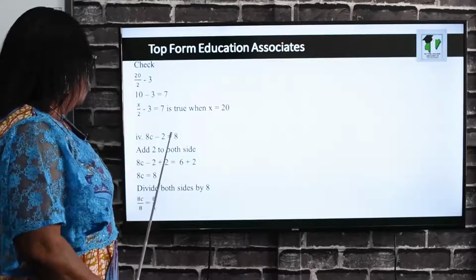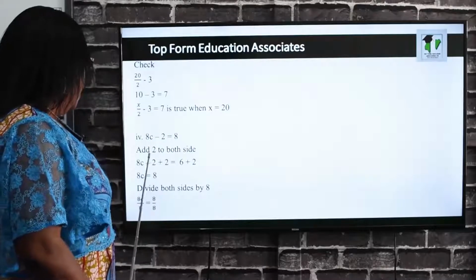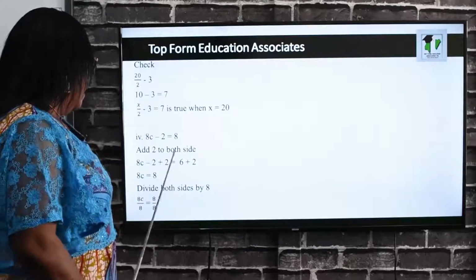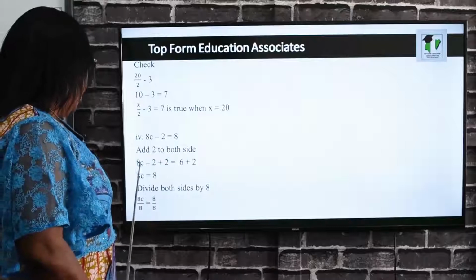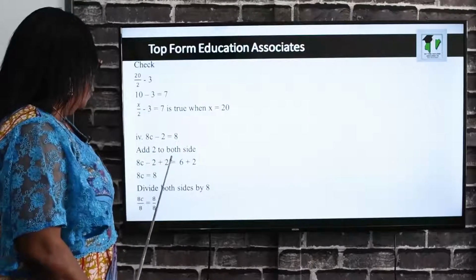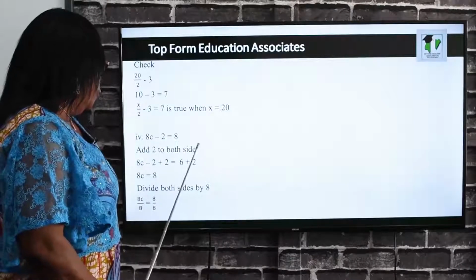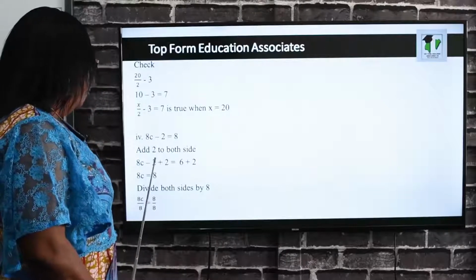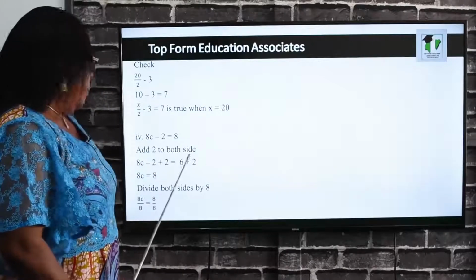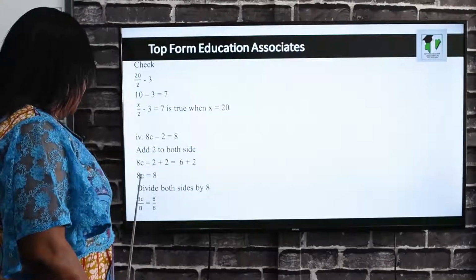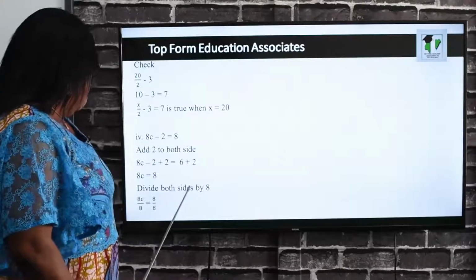8c minus 2 equals to 8. Add 2 to both sides. We have 8c minus 2 plus 2 equals to 6 plus 2. Minus 2 plus 2 is 0, giving us 8c equal to 8.